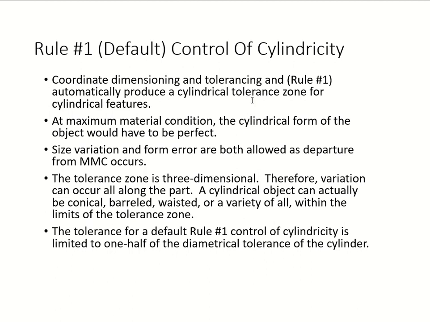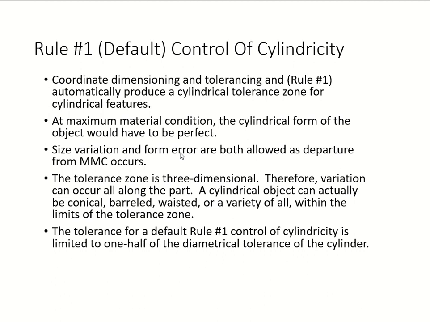Your cylindrical tolerance zone for cylindrical features is automatically produced, meaning we defaulted it: it has to be within the two limits. At your maximum material condition, the cylindrical form of the object has to be perfect. Non-stop variation away from your MMC, it can vary in many different ways, as long as it stays within that size limit, you're okay.